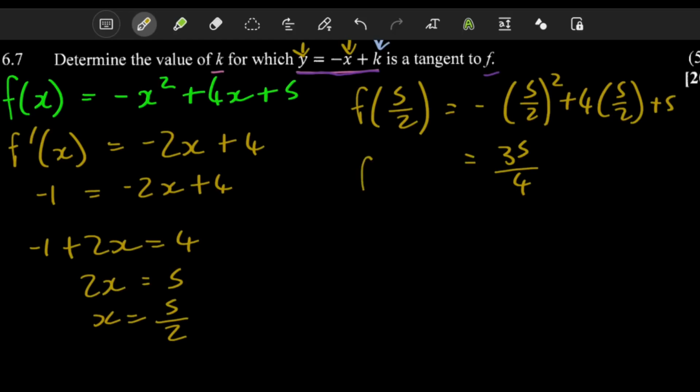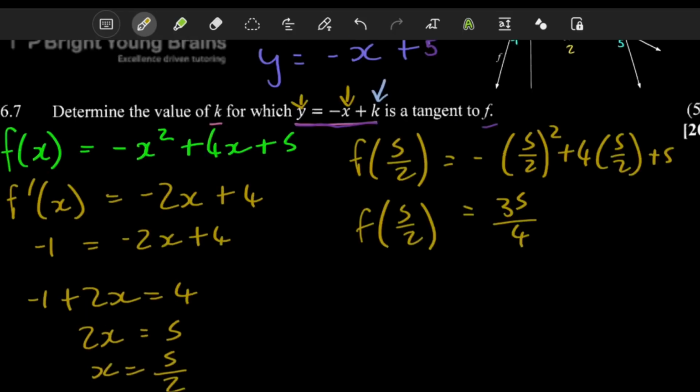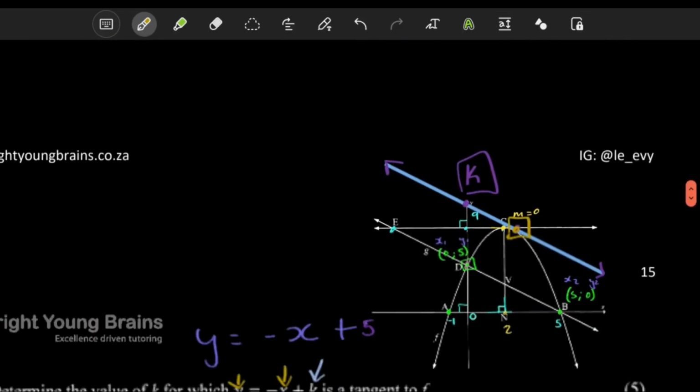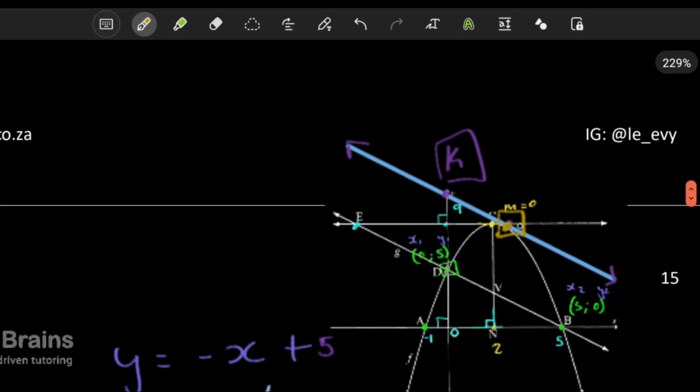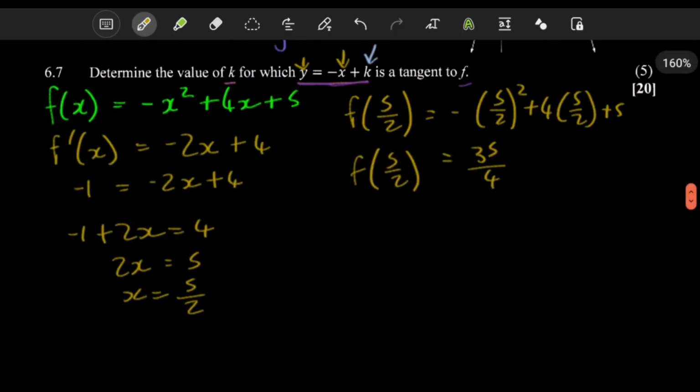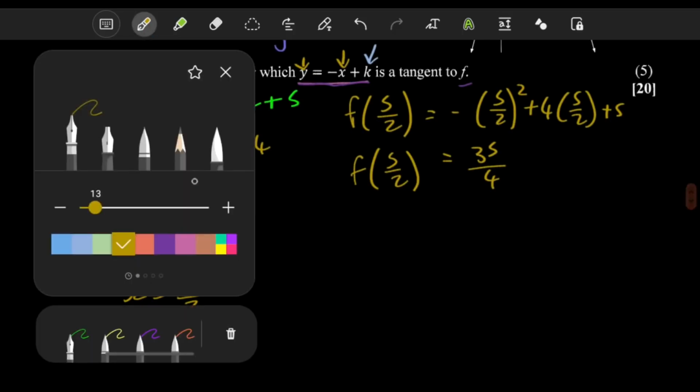So this is the coordinate that the straight line passes through, because the straight line passes through this point where the curve also has a gradient of -1. We can use this coordinate to find the specific value of k.